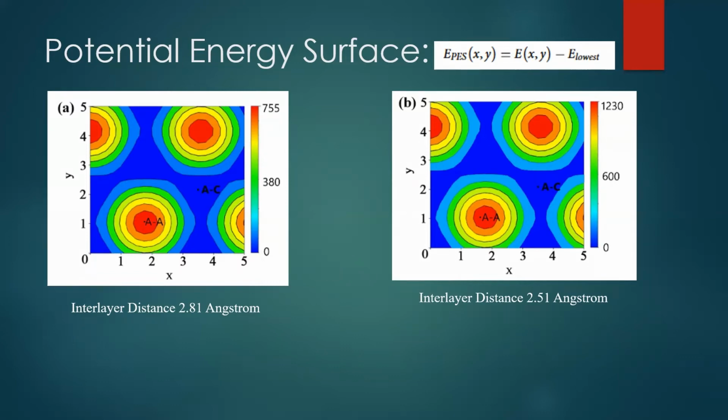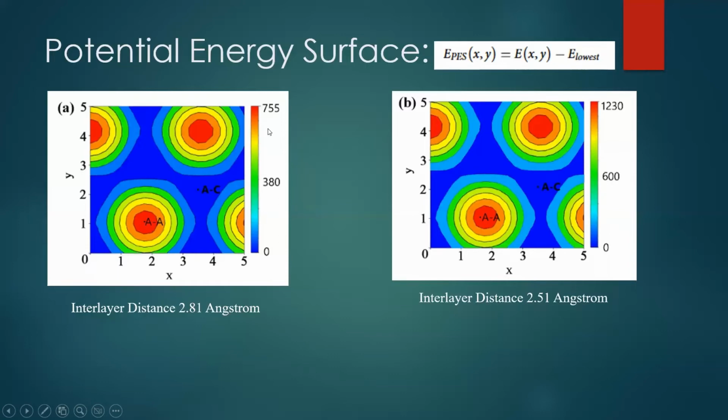First, the energy change, which we refer to as the potential energy surface. First, the interlayer distance is, say, 2.8 angstrom. When the top layer slides with respect to the bottom layer, it goes to different configurations like AA, AC, and AB, and the potential energy changes.